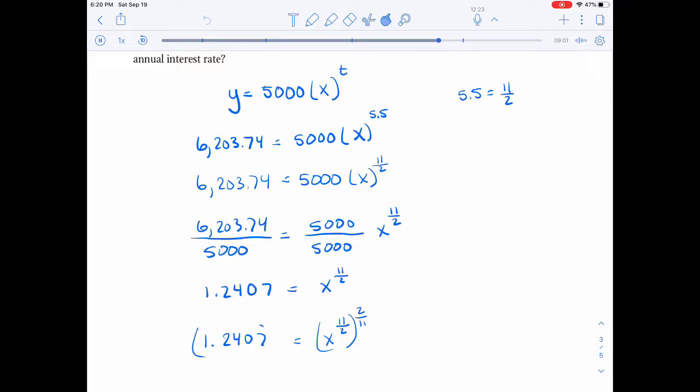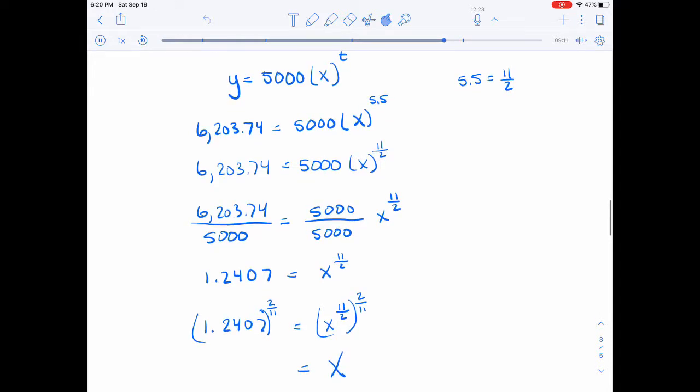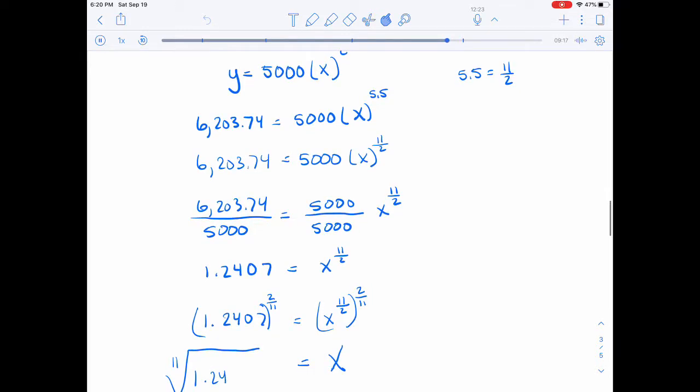If I do it to the right-hand side, I must do it to the left-hand side. So that would be 2 11ths. So now I get x is equivalent to the 11th root of 1.2407 squared.